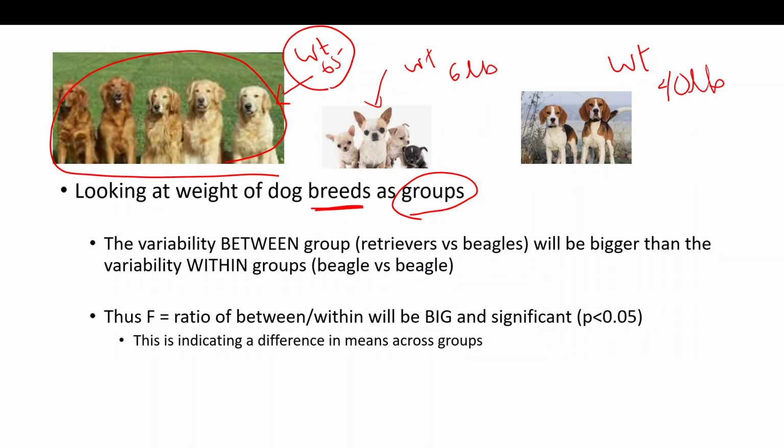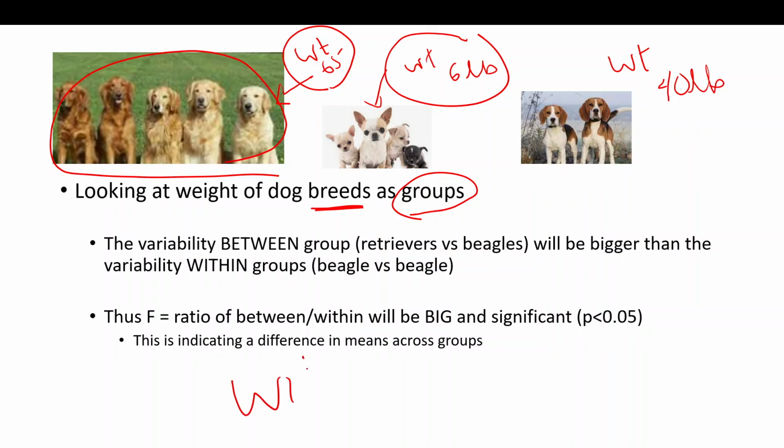Most Goldens are going to be between 55 and 75, I think. Most Chihuahuas, not a lot of people have them in New Hampshire because it's freezing cold. No offense, I don't know how you walk a Chihuahua in the snow. But within each dog breed there's not a ton of variability, while there's a lot of variability between the dog breeds.